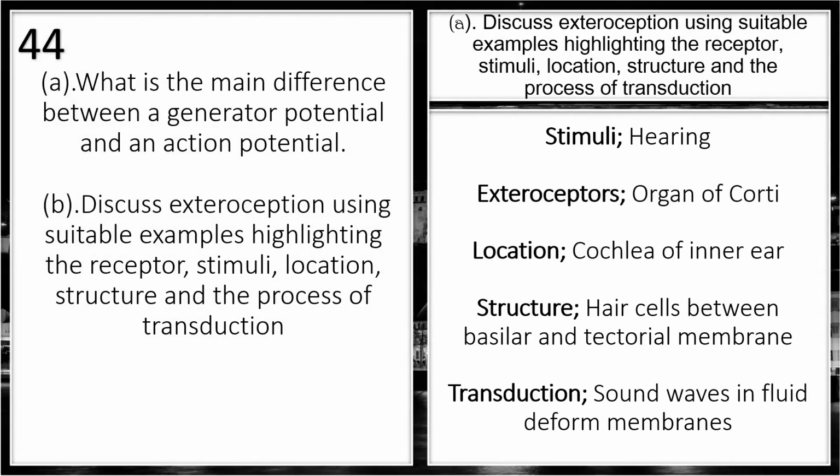Another exteroception stimuli is hearing. Exteroceptors, organ of Corti. Location, cochlea of the inner ear. Structure, hair cells between the basilar and tectorial membrane. Transduction, sound waves in fluid deform membranes.